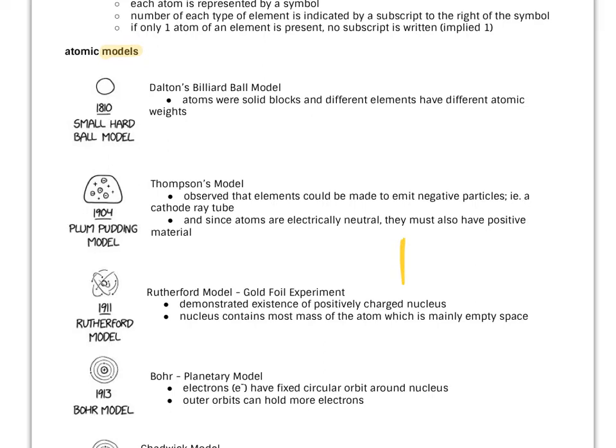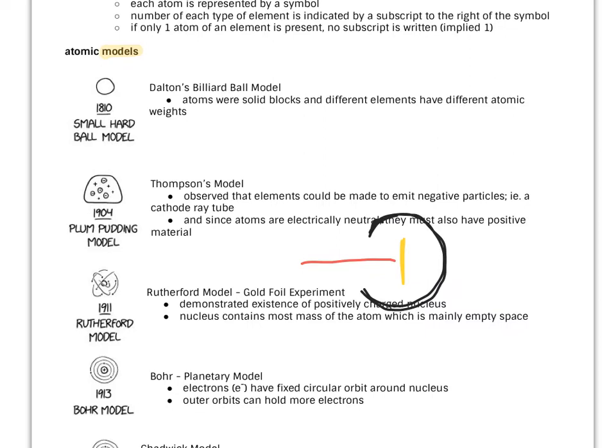And he had a screen around it. This is the above view, so we're seeing the top of the gold foil and the top of the screen. Basically he shot charged particles into this gold foil.